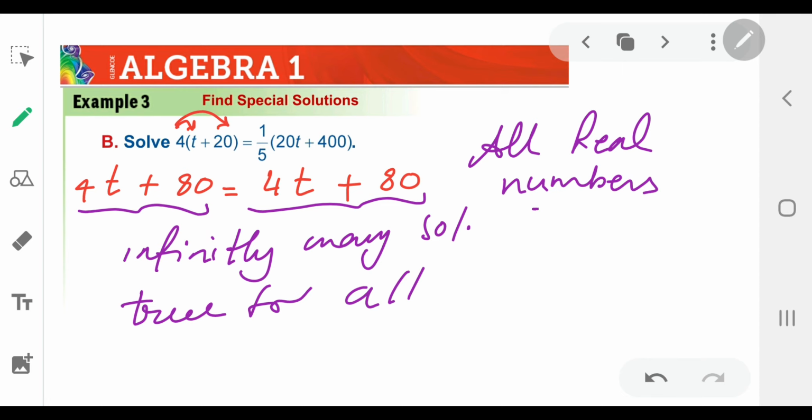It means when you replace t by any real number, the equation will remain true. It has infinitely many solutions. It is true for all values of t. All the real numbers can make this equation true.